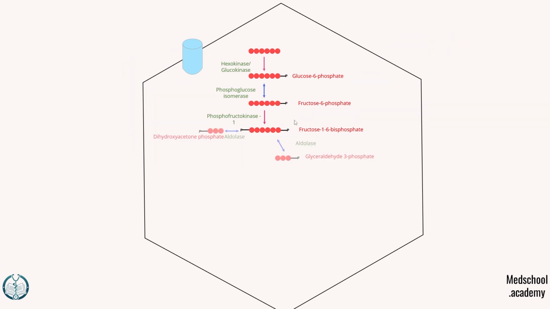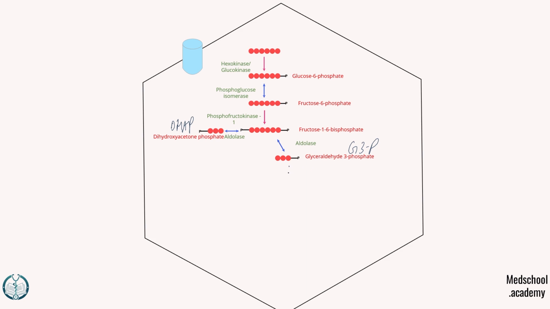Next we have fructose 1,6-bisphosphate converting to glyceraldehyde 3-phosphate and dihydroxyacetone phosphate, also known as DHAP and G3P. So now it's gone from a 6-carbon molecule to 2 3-carbon molecules, and both of these are produced by the enzyme called aldolase. But there's a problem here.